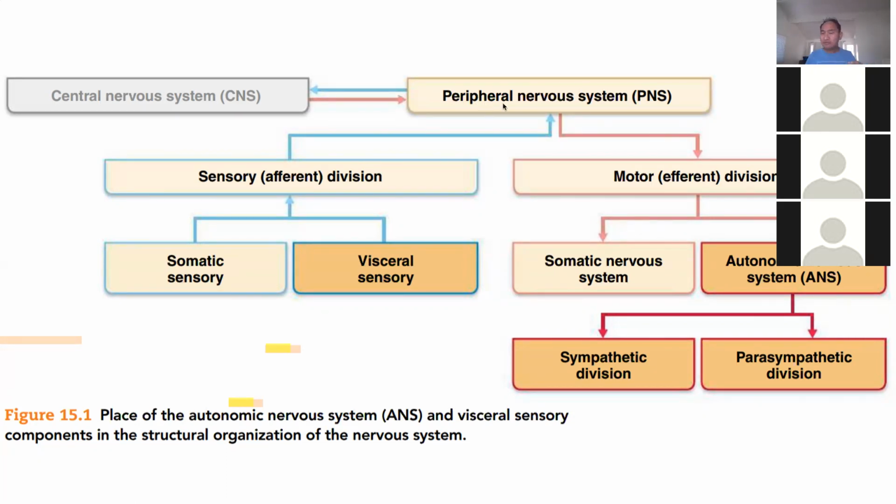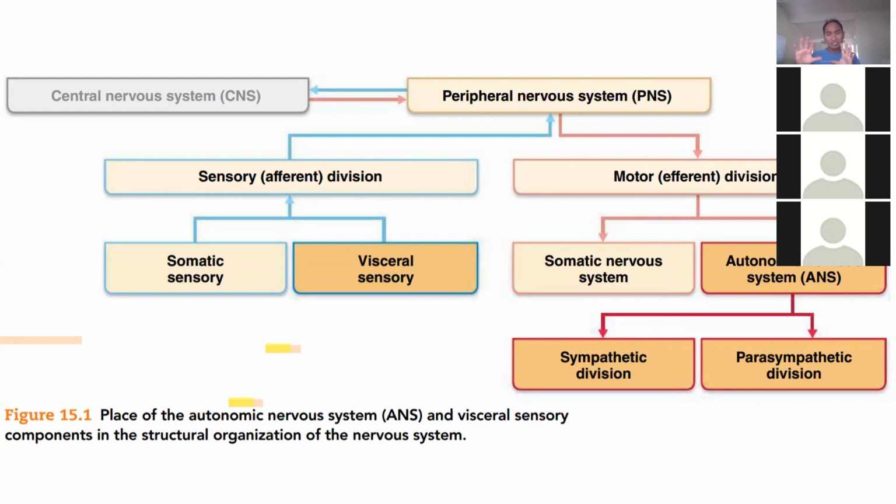Of course, if you really think about it, how is the brain going to control the tip of the finger? It has to come out from either the brain or the spinal cord, and supply the tip of the finger or the tip of the toe or the eye.